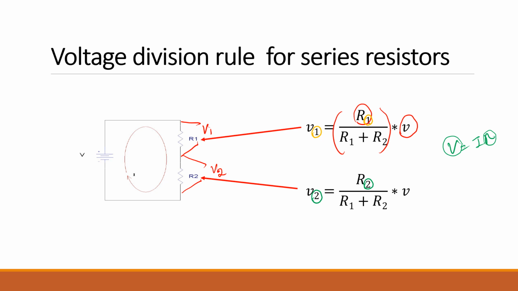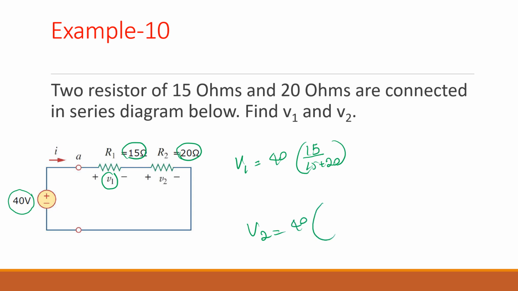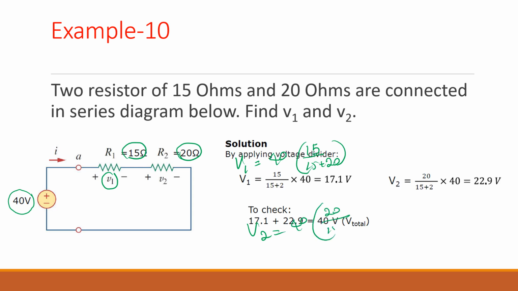So when the resistance is high, the voltage is high as well across the resistor. We are going to apply this voltage division rule and do some questions. We have 15 ohms and 20 ohms and the total voltage of 40. To find the voltage V1, that will be the total voltage times 15 divided by 15 plus 20, and V2 should be 40 times 20 divided by 15 plus 20.